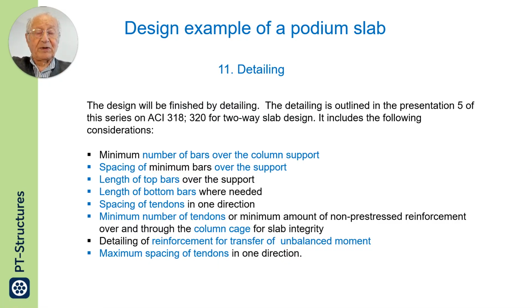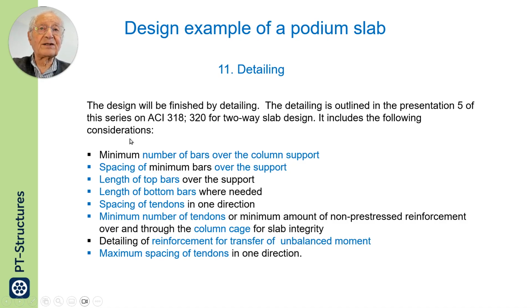After we are done with punching shear, we then go to detailing. The design will be finished by detailing. The detailing is outlined in presentation 5 of this series for two-way slabs. It includes the following considerations.